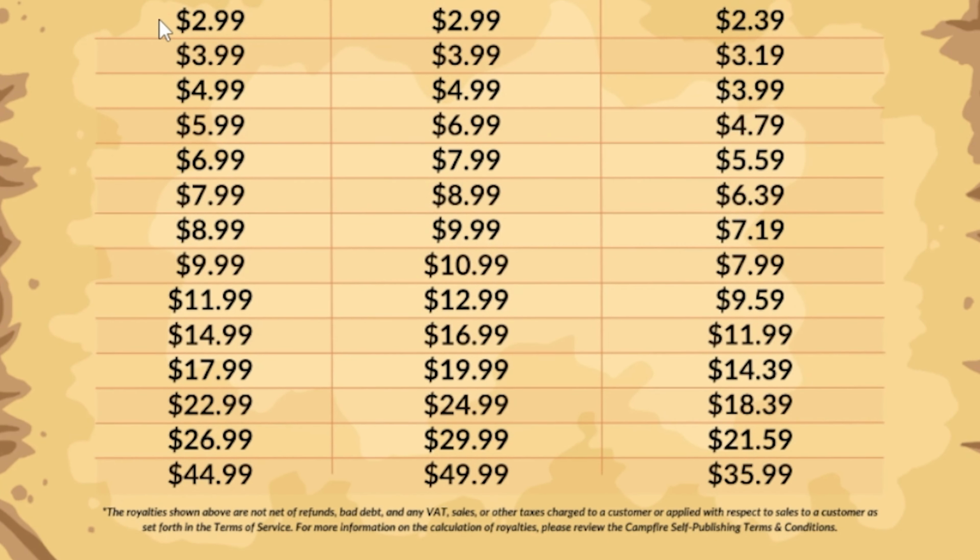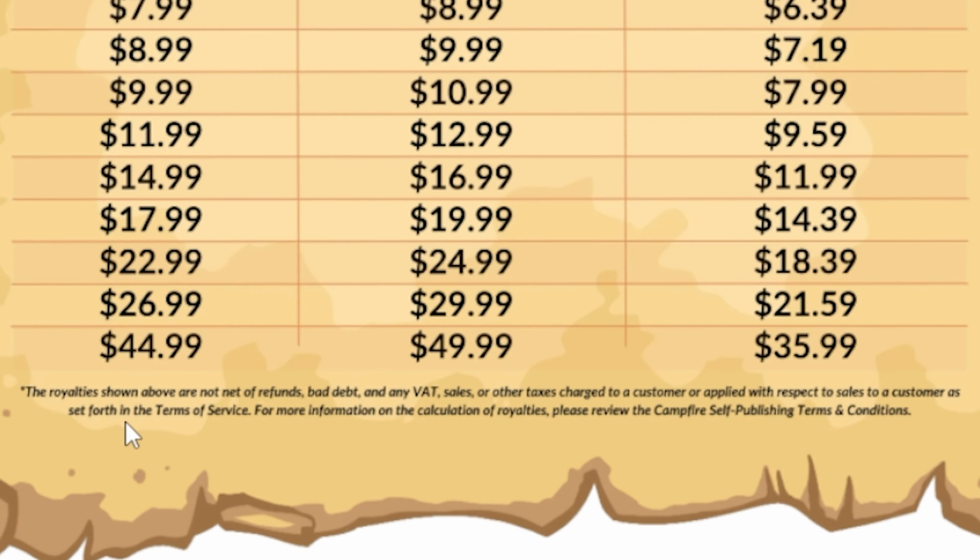as they said, anything below $2.99, that's based off of the royalties, I believe. Anything $2.99 and above, this is what you, the author, will receive. The royalties shown above are not net of refunds, bad debt, and any VAT, sales or other taxes charged to a customer or applied with respect to sales to a customer as set forth in the terms of service. For more information on the calculation of royalties, please review Campfire's self-publishing terms and conditions.